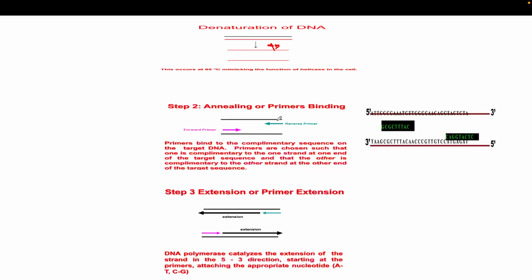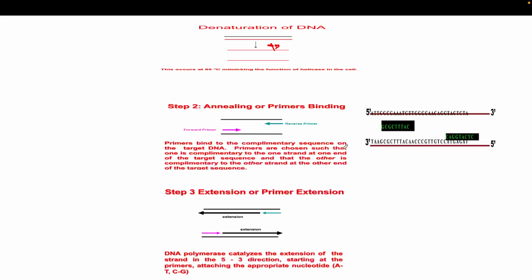The primer will go and form complementarity with the template DNA, so the primer binds to the complementary sequence on the target DNA. Primers are chosen such that one is complementary to one strand of the target sequence, and the other is complementary to the other strand of the target sequence.